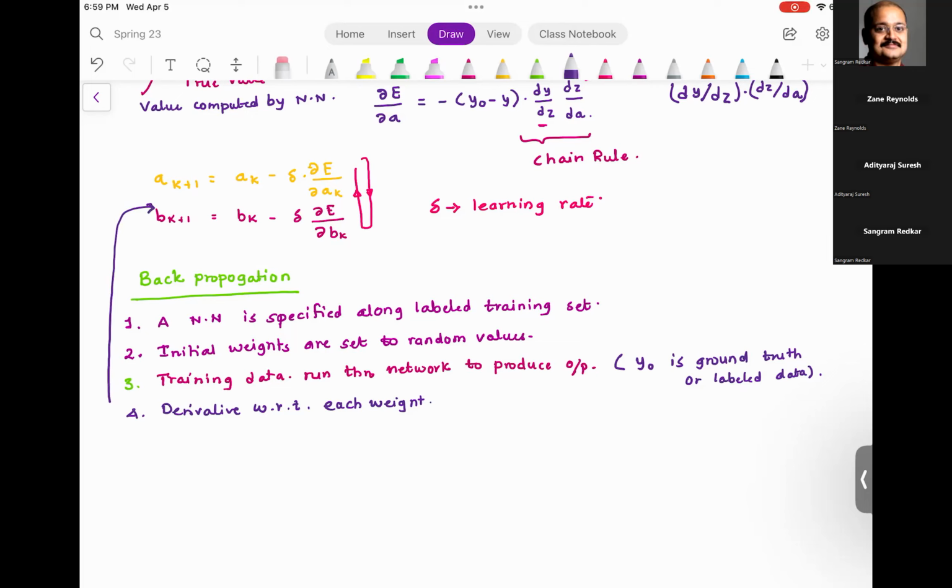So we are going to use this backprop formula, and then for a given learning rate, the network weights are updated.